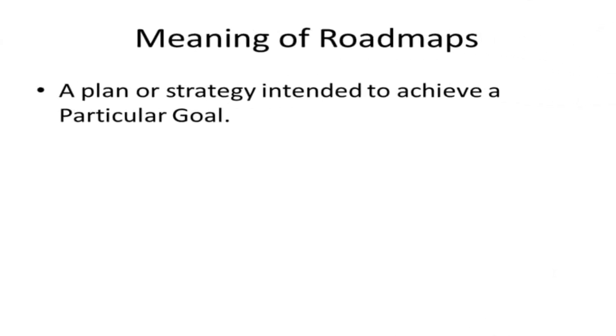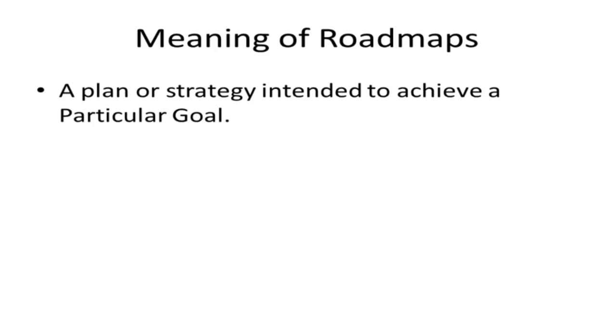If we talk about what it represents, I would say this is a plan or a strategy intended to achieve a particular goal. It means we are trying to portray a plan on paper showing how we achieve this goal, a kind of timeline where we show that we achieved the first target in this duration, then the second target on this date, and what we are heading for.